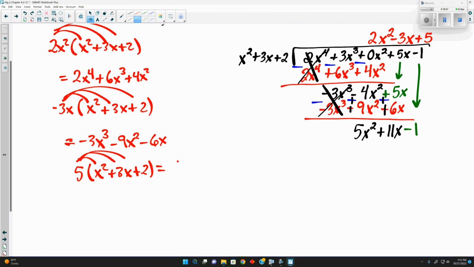Well, 5 times x squared is just 5x squared. 5 times 3x is plus 15x. And 5 times 2 would be plus 10. So we have 5x squared plus 15x plus 10.